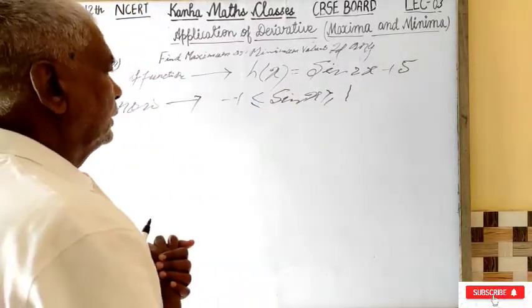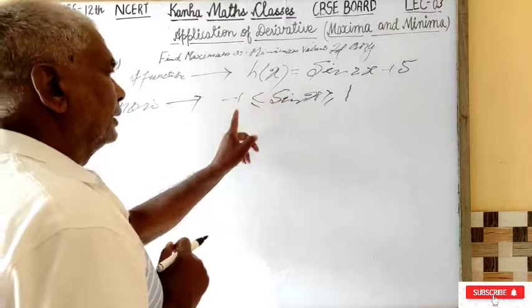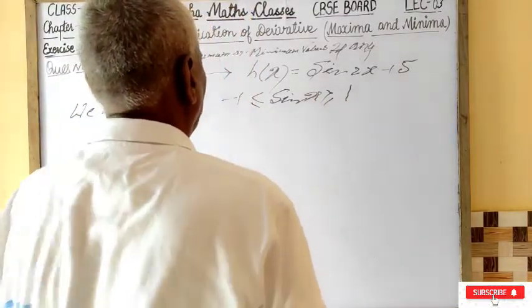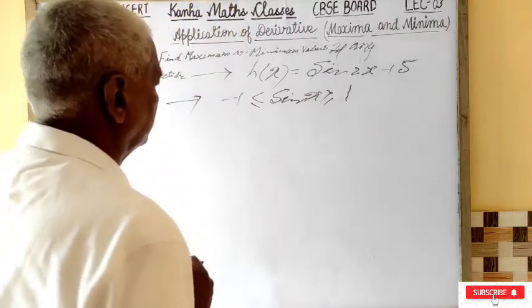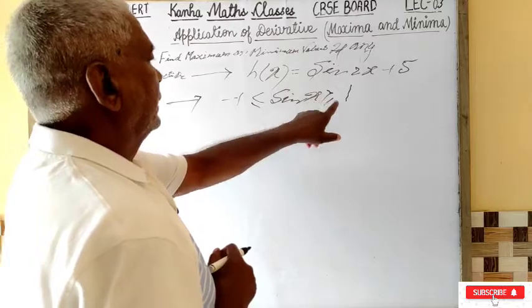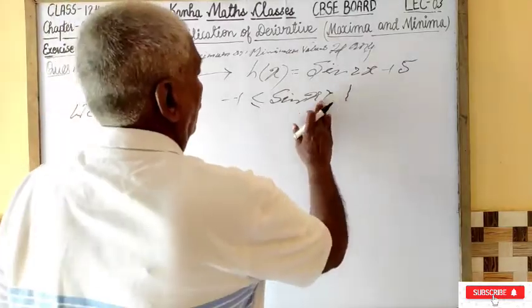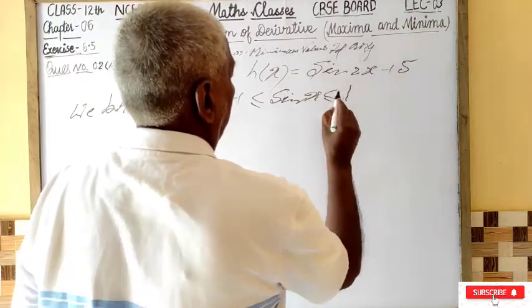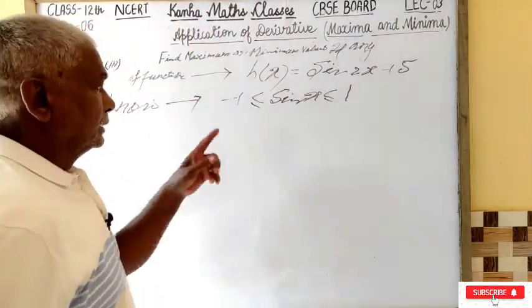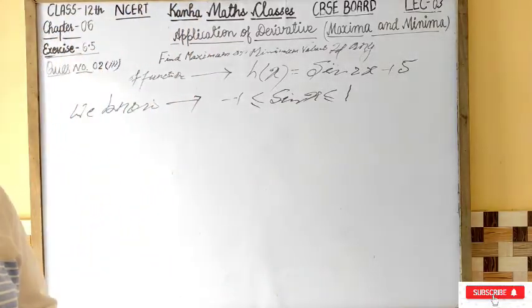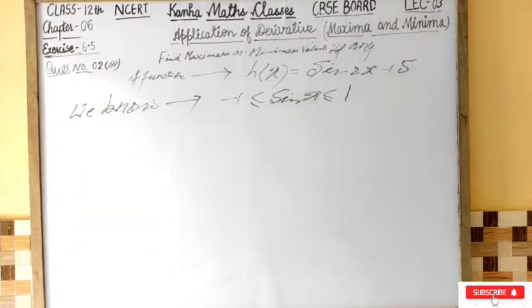The value of sin x is in between minus 1 and plus 1. Now, we already know that the value of sin theta lies between minus 1 to 1. Maximum value of sin x is 1 and minimum value of sin x is equal to minus 1.